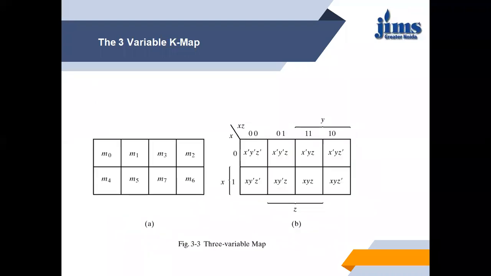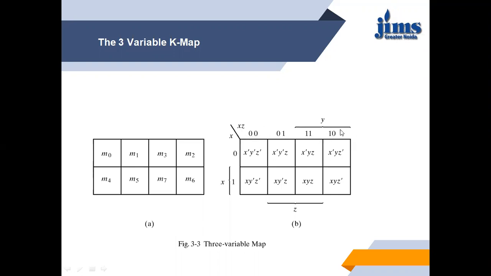We can look at how the 3 variable K-map looks. Sorry, this is wrongly written. It is X, Y, and Z. These are the 3 inputs. Then we put the binary values of the inputs 0, 0, 0, 1, 1, 1, and 1, 0.